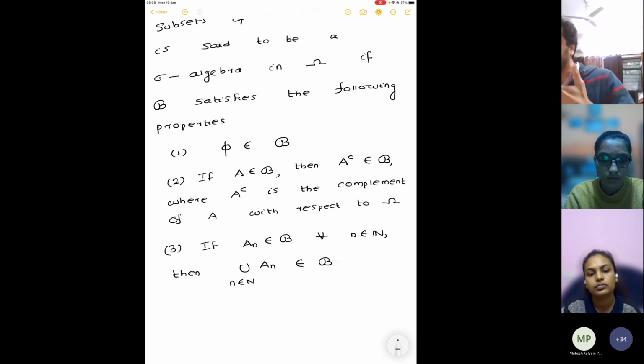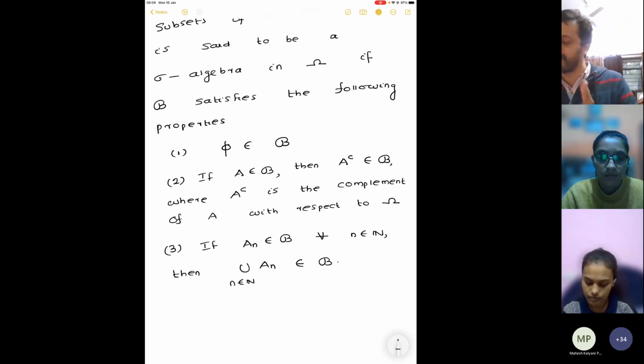And you can see that with these three conditions, B will be closed under standard set theoretic operations. It will be closed under countable union by the very definition, and countable intersection: you can combine 2 and 3 and use De Morgan's law. It is obviously closed under finite union and finite intersection.